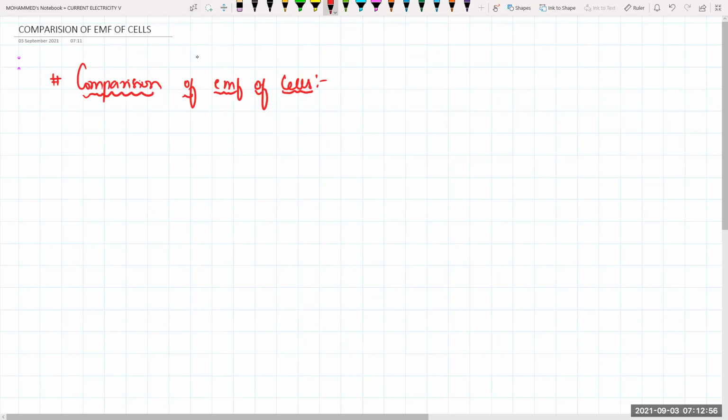Like say small cells, larger cells, isn't it? So what will be the role of that, and where will they be generally used?